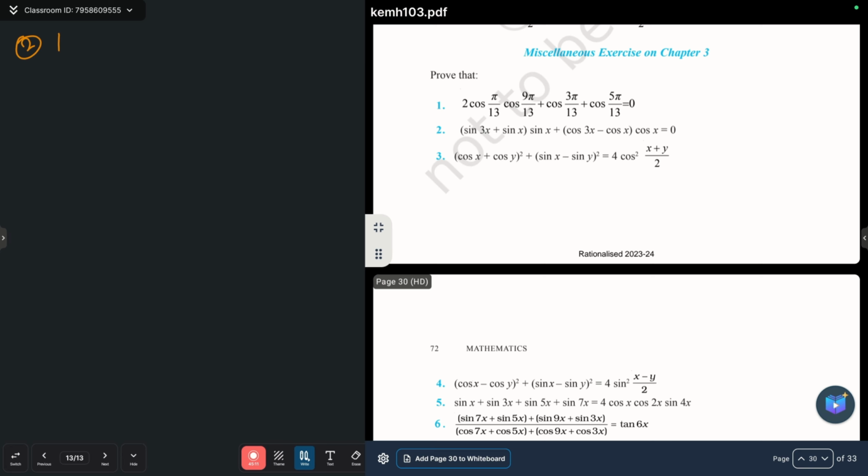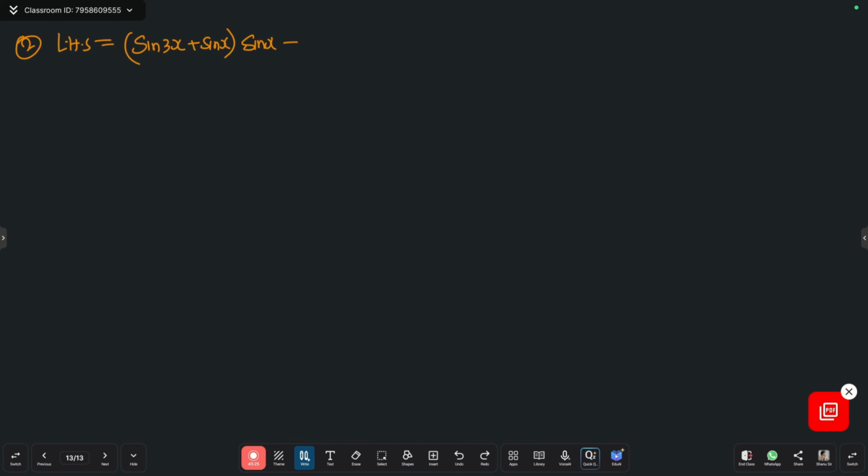Now see question number 2. Left hand side: sin 3x plus sin x into sin x plus cos 3x minus cos x into cos x, and the right hand side is 0.